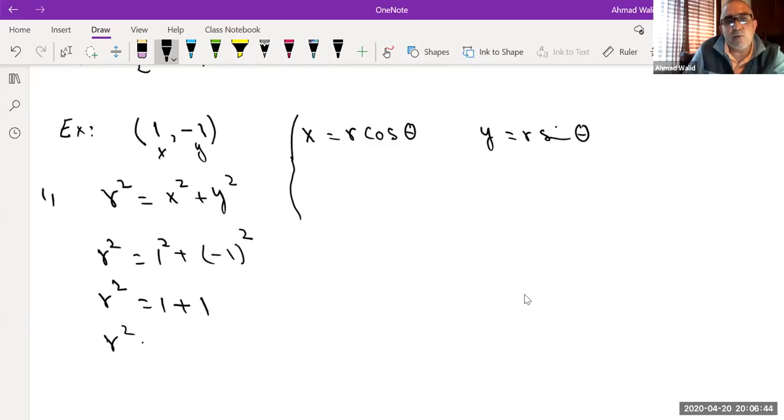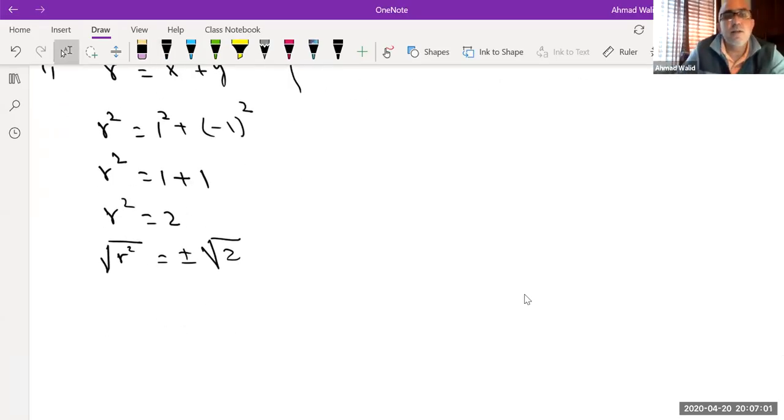It means r squared equals 2. If you take the square root from both sides, the square root of r squared equals plus minus square root of 2. Here, r equals plus minus square root of 2.